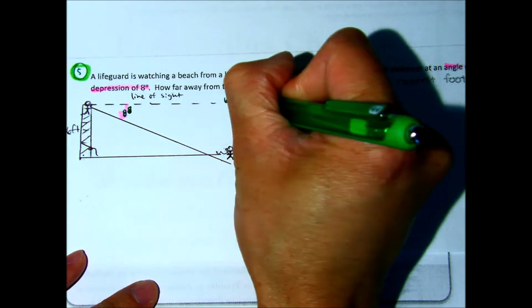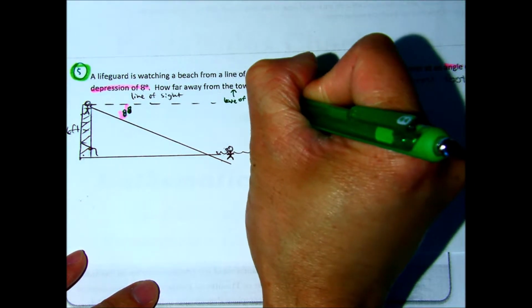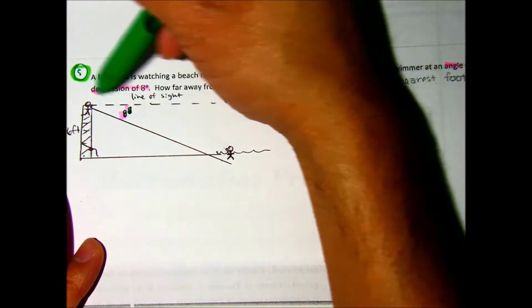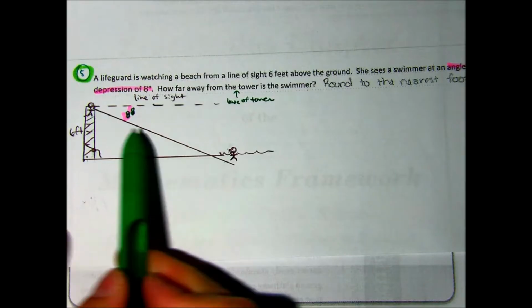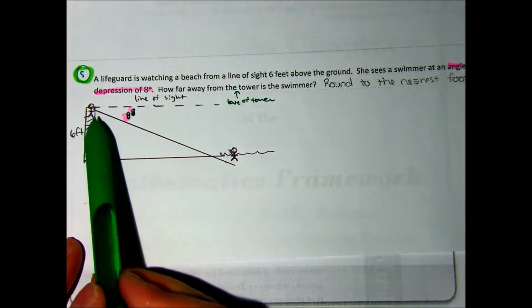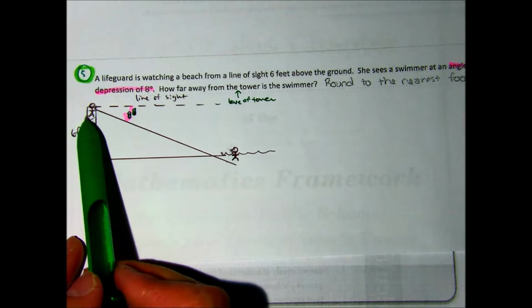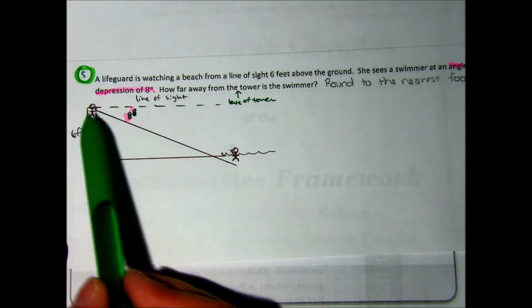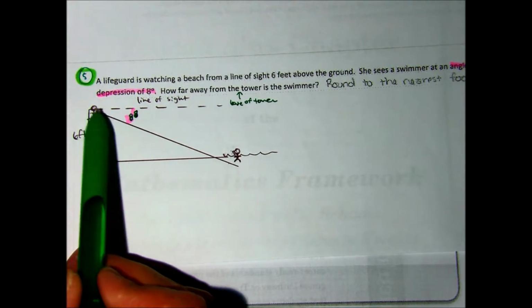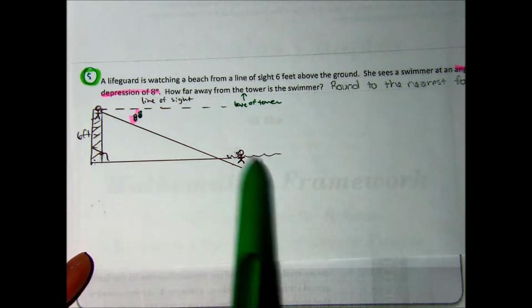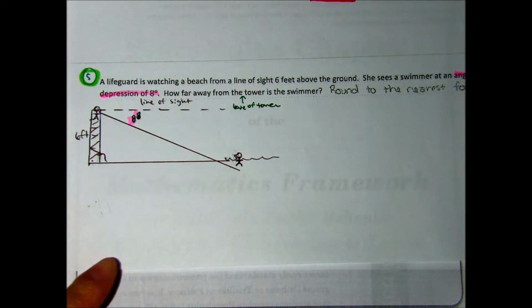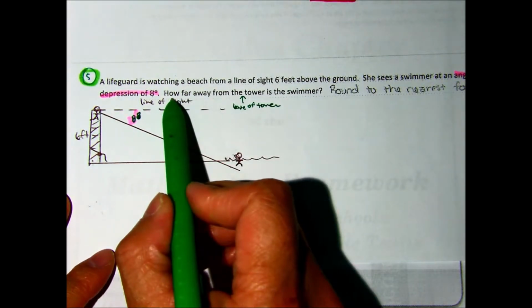Were you thinking that? Because if that was there, then I would say how far away is the lifeguard from the swimmer? Maybe she's like Captain Marvel, and she can just fly out from the tower directly. Most people have to go down the tower and then run. So if I write the words, how far away is the swimmer from the base of the tower? This is the base and this is the swimmer, so then we would put X here.